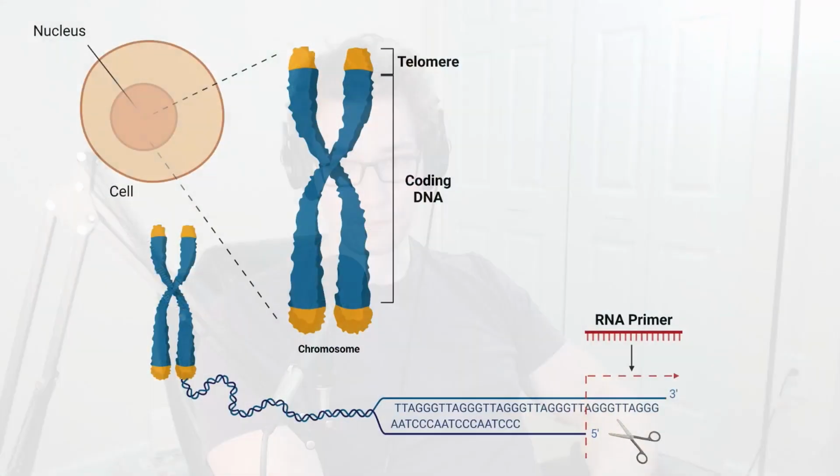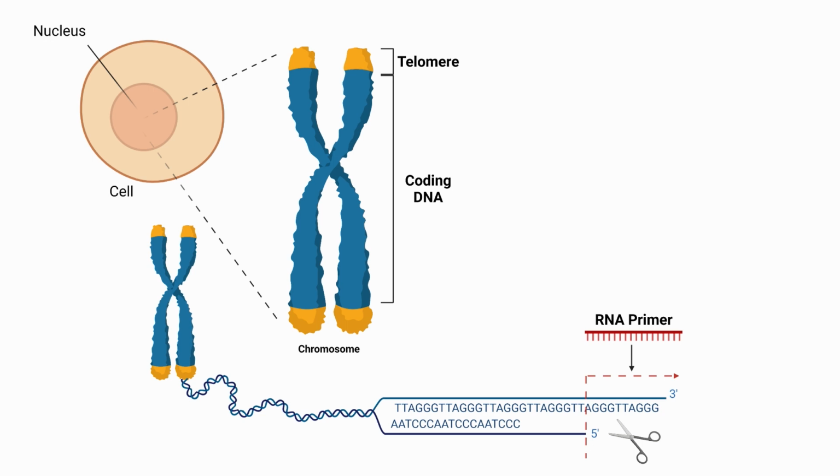That, however, is the case for the coding region of the DNA. However, there's a problem with the telomeres, which are the very end section of DNA. If you look at a chromosome, the very end of the chromosome is where the telomeres are.